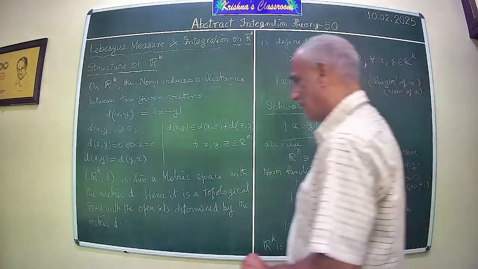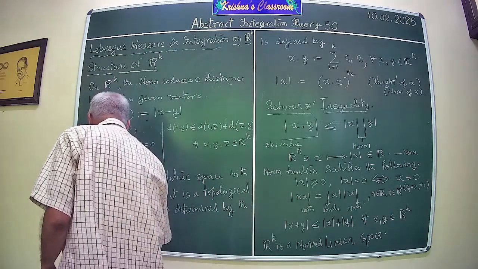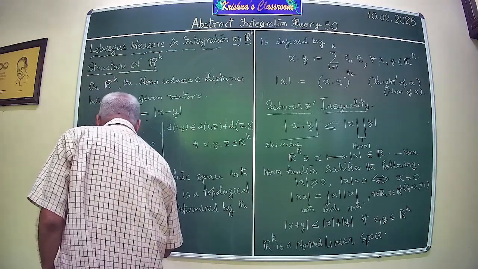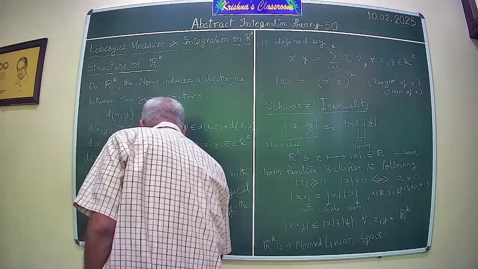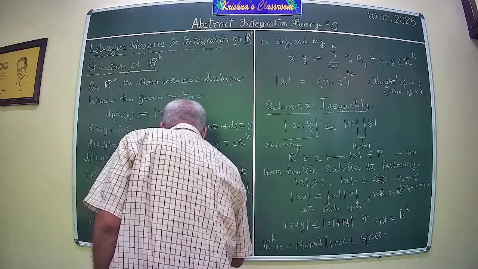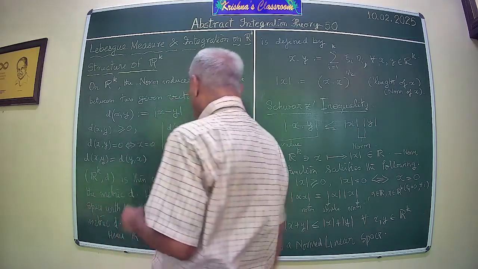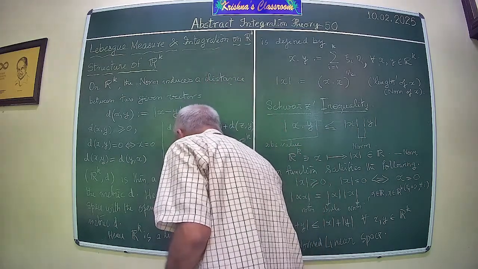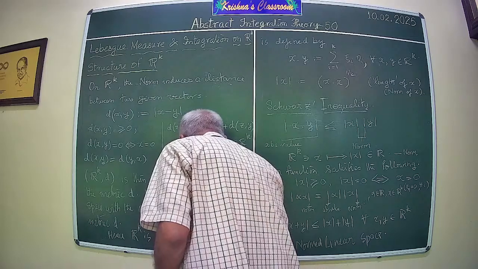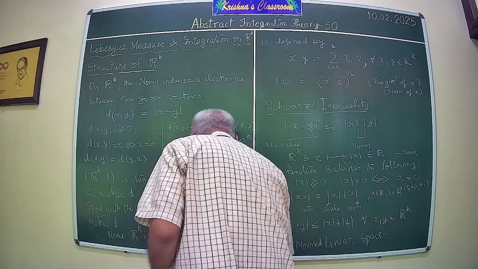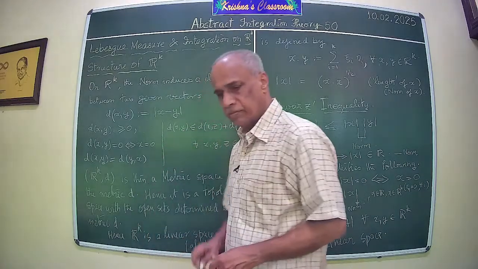One, R^k is a linear space over R. This is what we call an algebraic space. This is the algebraic structure.